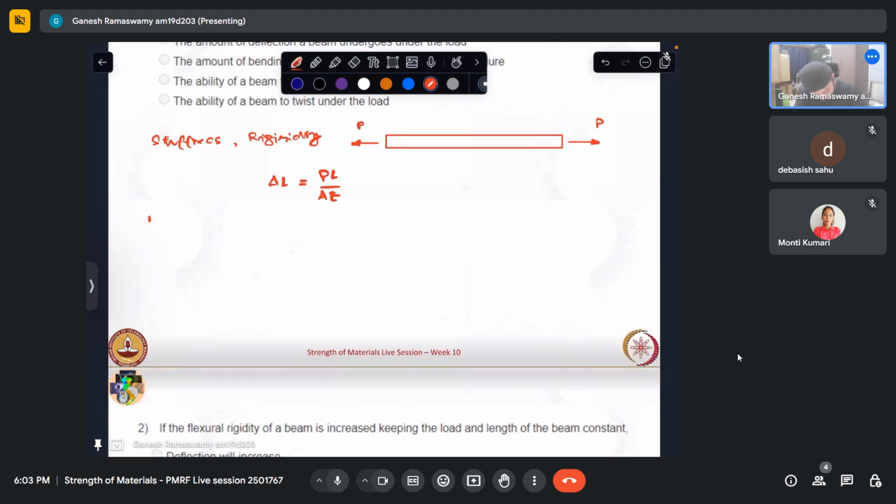So P by delta L is AE by L. So this is its axial stiffness. Similarly, this quantity is the member's axial stiffness.